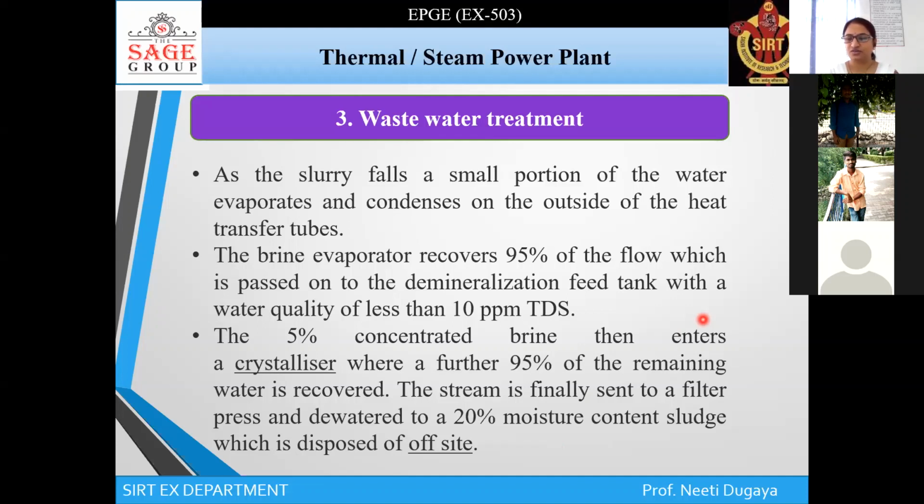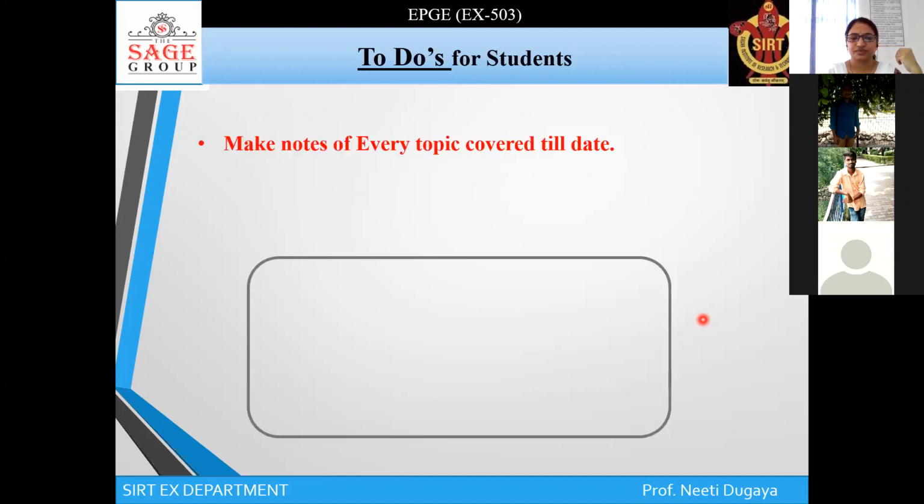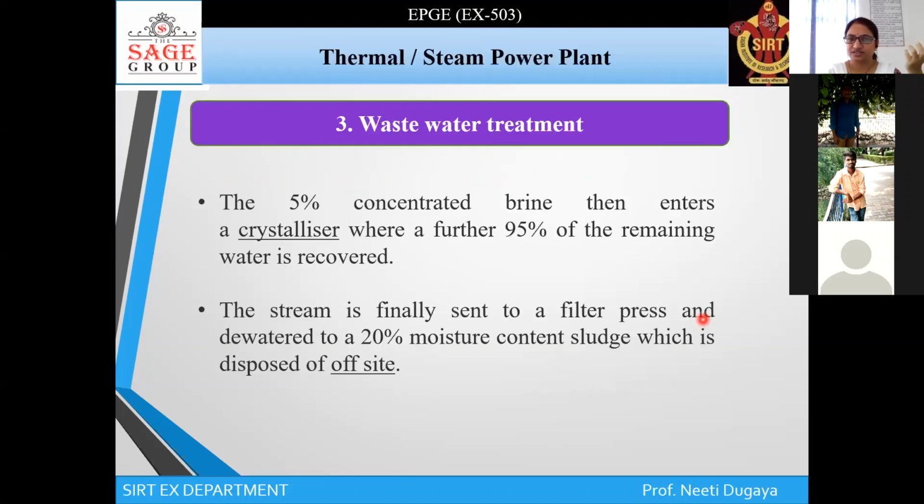The 5% concentrated brine then enters the crystallizer, where a further 95% of the remaining water is recovered, and the stream is finally sent to the filter press, where the moisture content of the sludge is taken out and only solid waste remains.